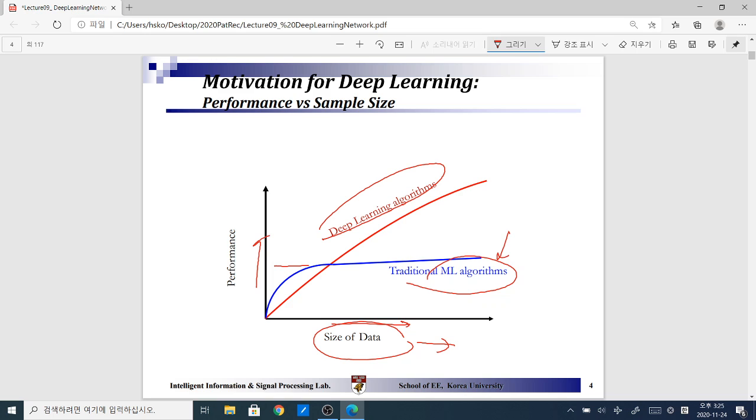But on the other hand, compared to, let's say, artificial neural net, the traditional machine learning algorithms also have this ceiling in terms of performance, even though the size of the data set continues to increase. So this is actually the de facto choice nowadays for developing machine learning algorithms: using a deep learning algorithm.